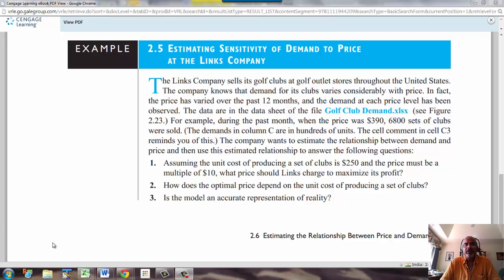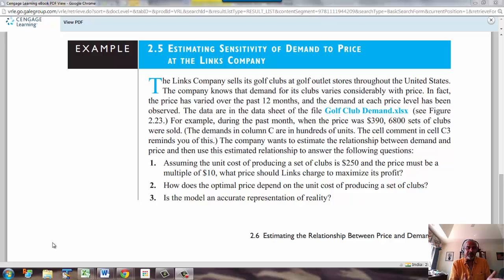So here we have a sports outlet and they have demand for golf clubs from the past. During the past month, when the price was at different points, how many golf clubs did they sell? So they have a sample data set for different prices. What was the sales?